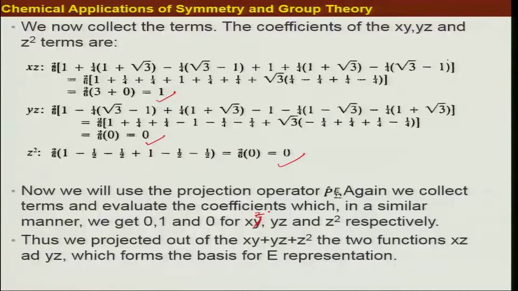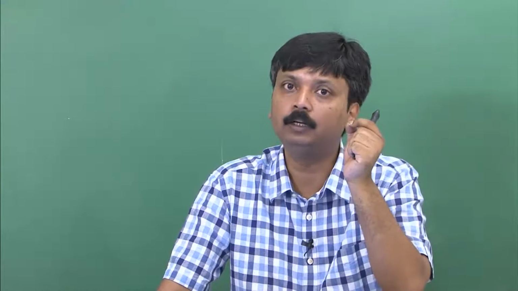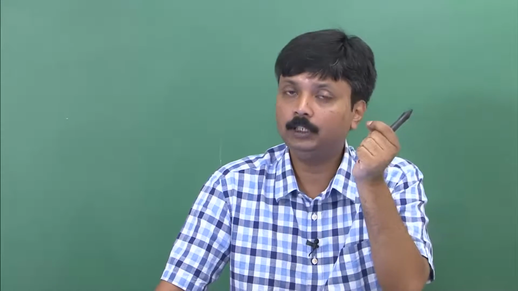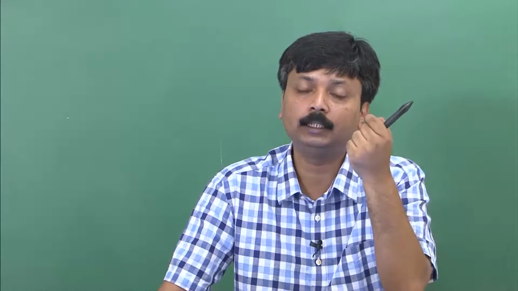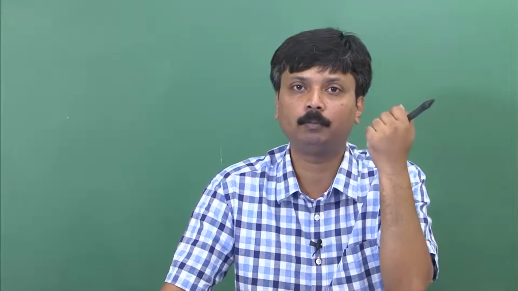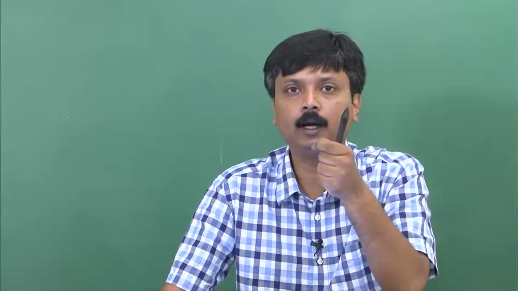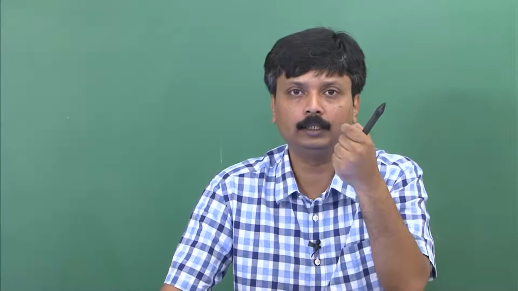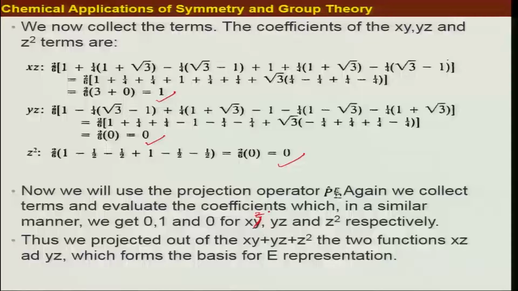So it will tell you exactly which are the functions that can form the basis of any particular irreducible representation, and whichever do not form the basis for the particular representation will be automatically abolished. So you will get a zero result when you operate the projection operator on the function for that particular component all the time. So here z square gave zero contribution in both the cases, for P11 as well as P22. Okay.